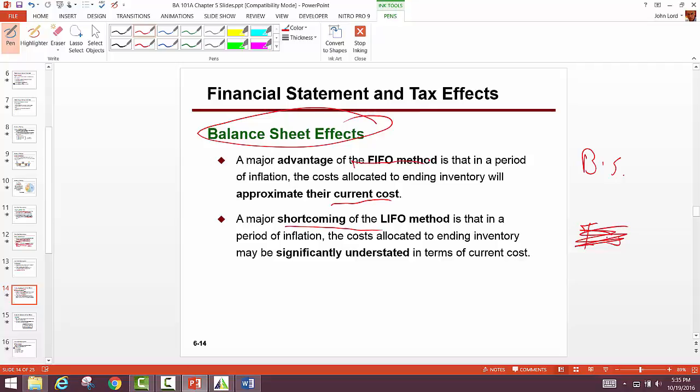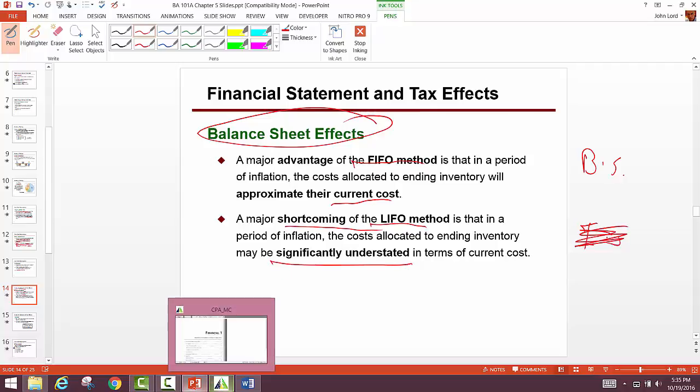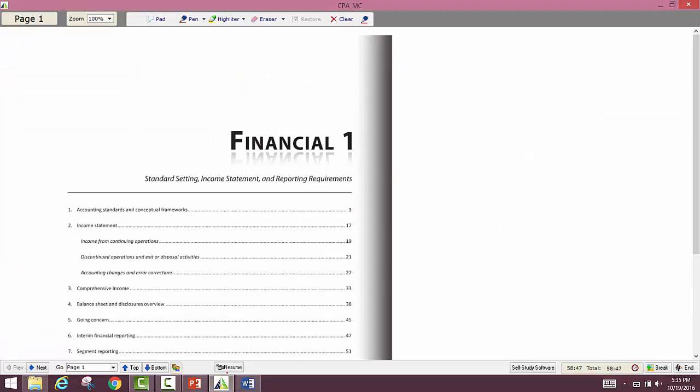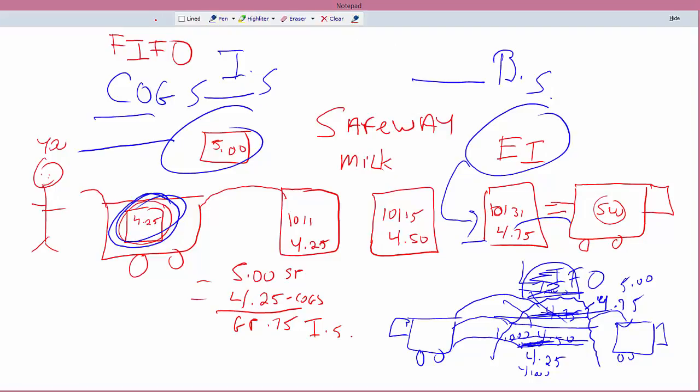The balance sheet is showing the current cost for FIFO. For the Lifo method, the balance sheet is significantly understated, and again, it depends on how the price level has changed and how many units we have there. But if you go back and look at the rock pile, although I've scratched all over it, our ending inventory is right here, isn't it?